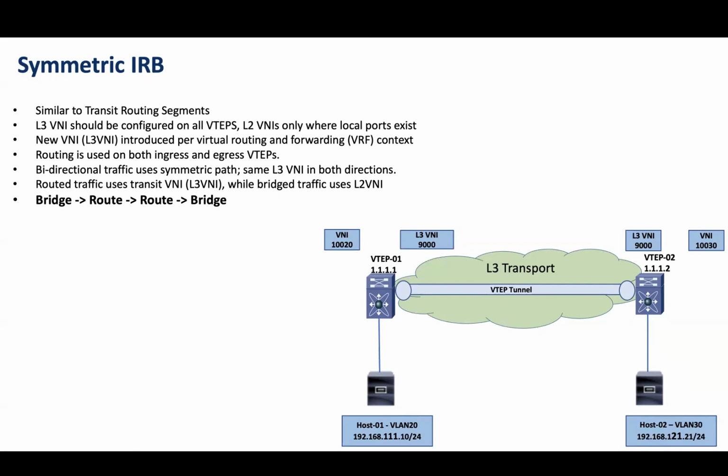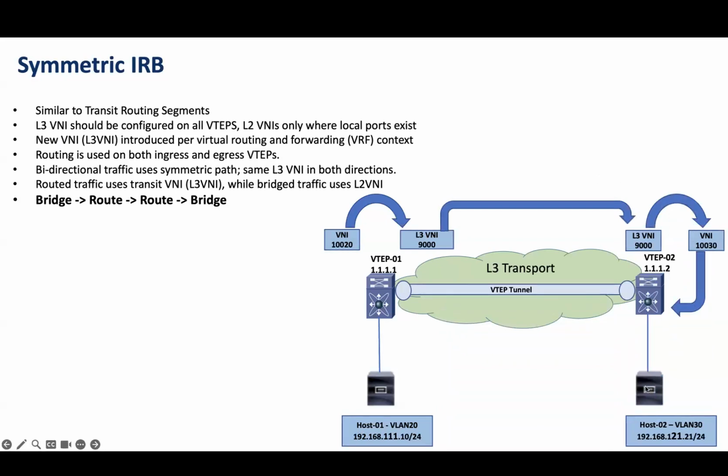In this case, traffic will be bridged towards the default gateway on ingress VTEP. Then traffic will be routed towards destination. On egress VTEP, first traffic will be routed and then it will be bridged towards destination. Means at ingress we are first bridging, then routing. On the remote VTEP, first we are routing and then bridging towards destination.